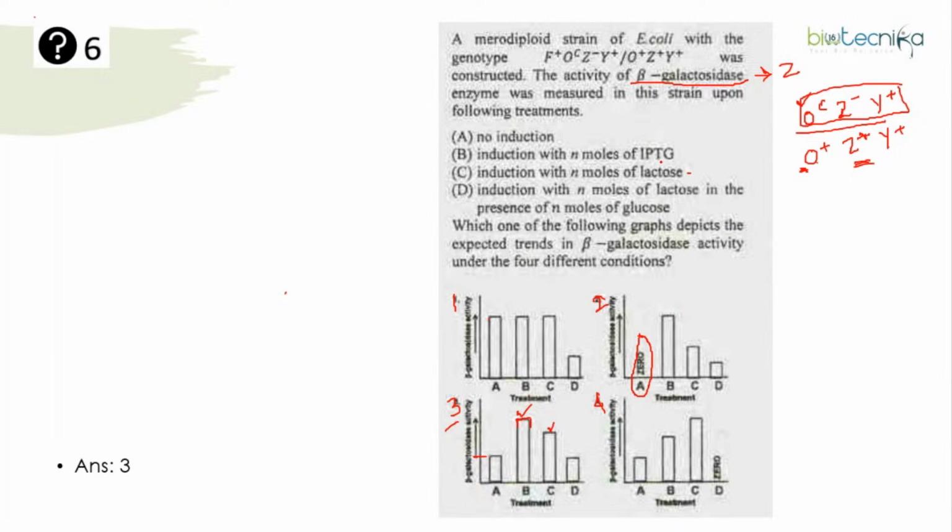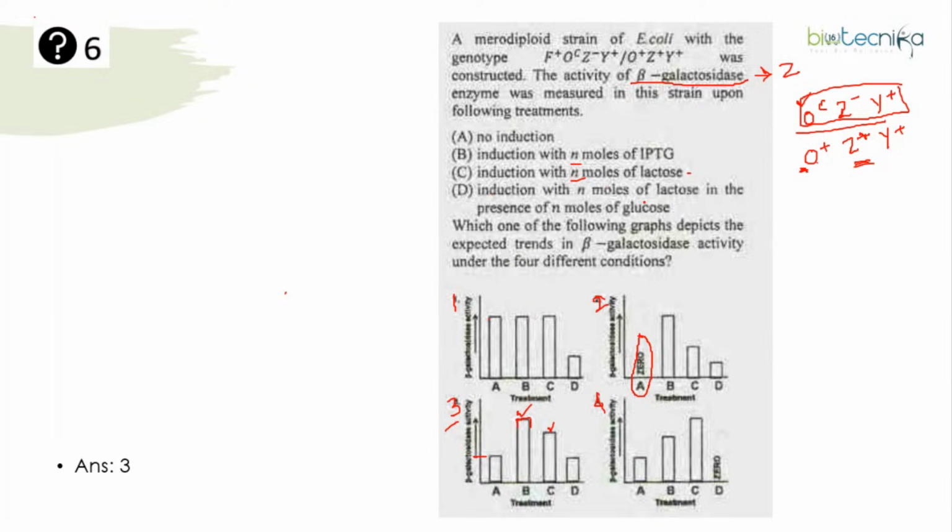The moles of IPTG will not reduce; whatever amount you add initially will remain as it is. But the moles of lactose will start depleting, because lactose will be used up as a substrate as well. So slightly less expression.